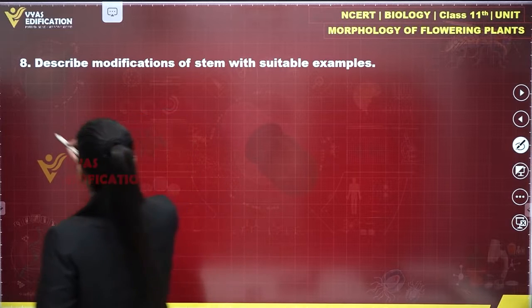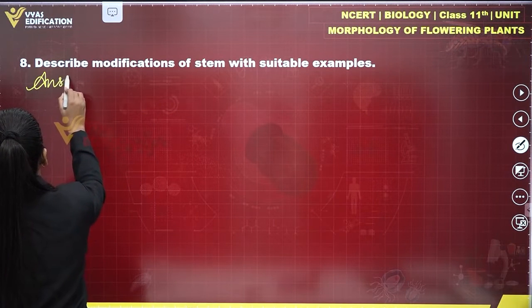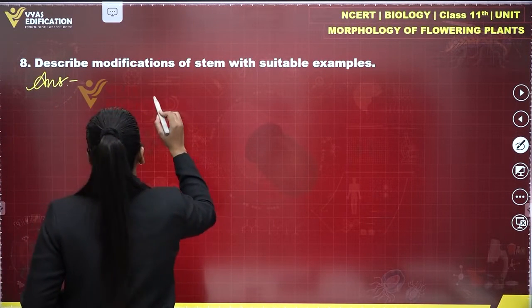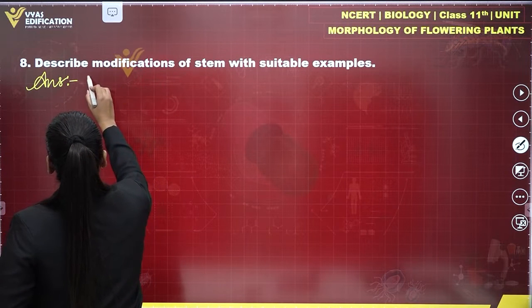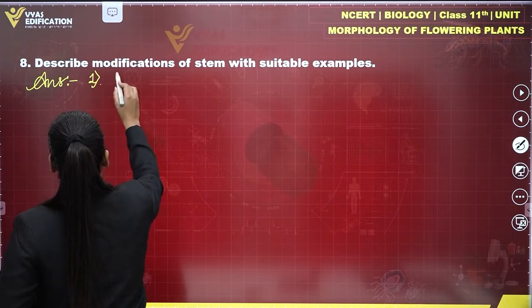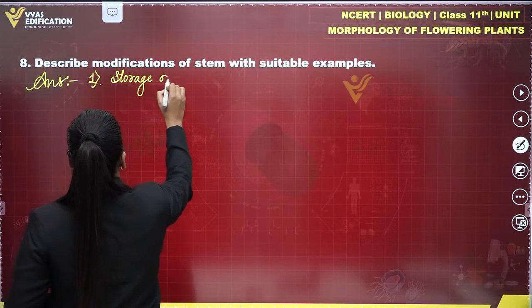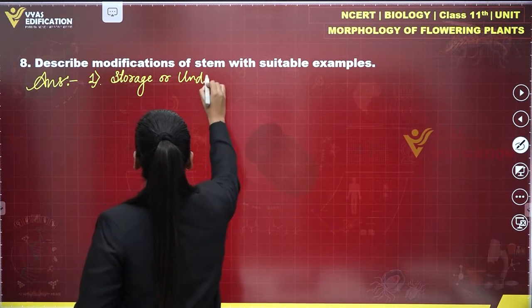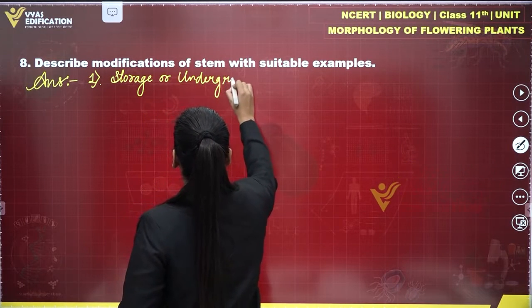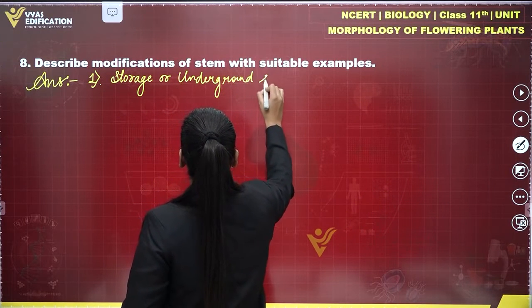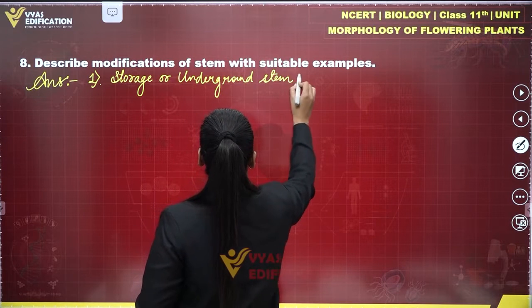Let's write the answer. So from here we are going to talk about the modification of stems. Now first modification of stem we have is storage or underground stem. This is a modification of stem.